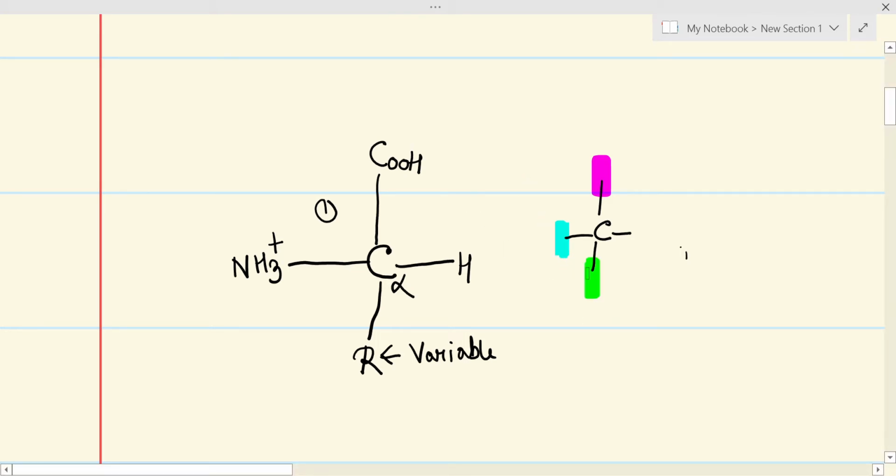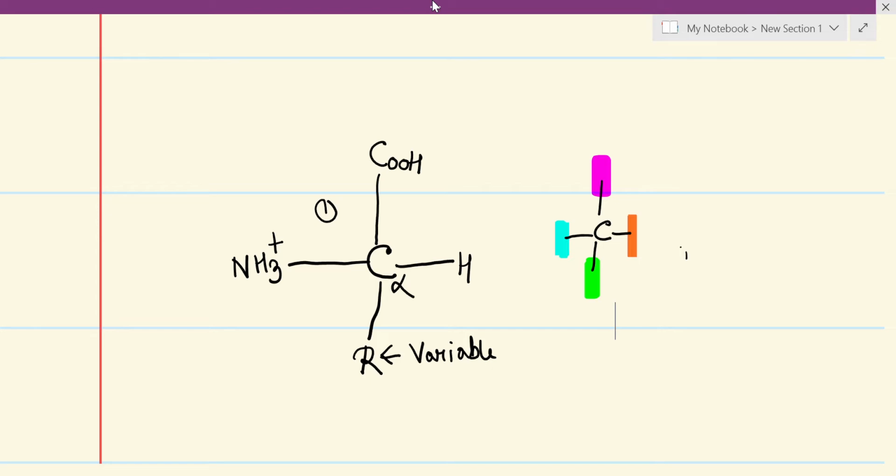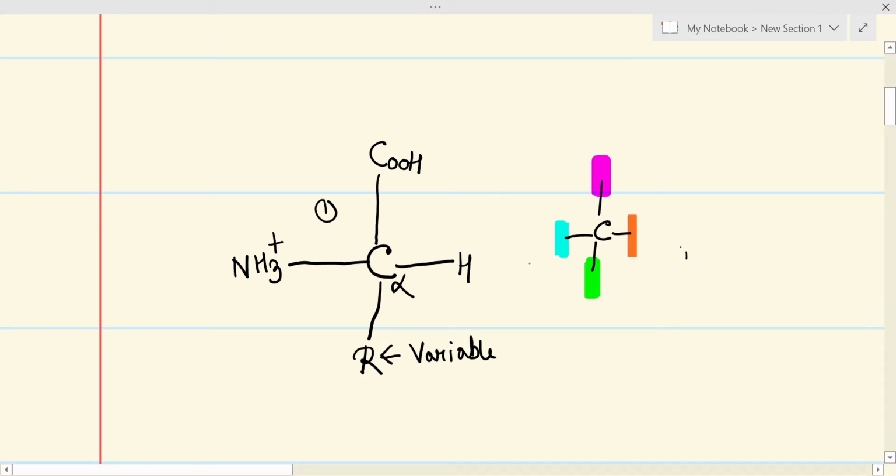This is atom 3. And this is atom 4. So we have 4 different atoms bound to this carbon atom. This is the carbon atom that we need to study, and this has 4 different bonds. So this is known as a chiral carbon, because this has all 4 different bonds.